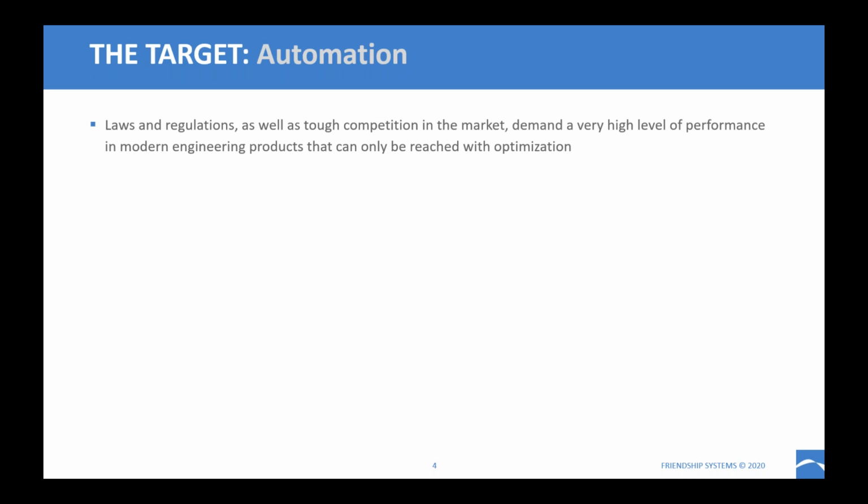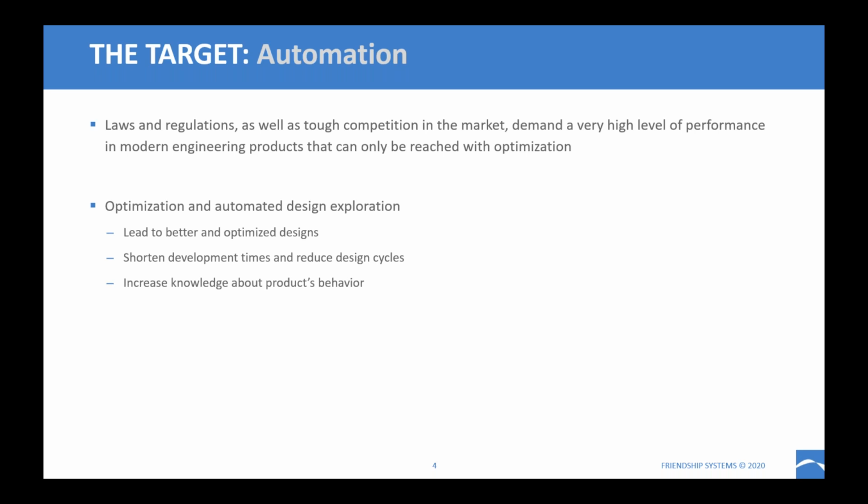The reason is that due to laws and regulations, but also competition in the market, the demand for performance of engineering products is very high, and we feel that in many cases this can only be reached with optimization. Optimization, or more broadly, automated design exploration, can lead to better and optimized designs, but it can also shorten development times and reduce design cycles.